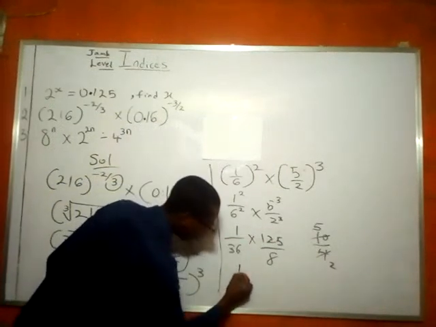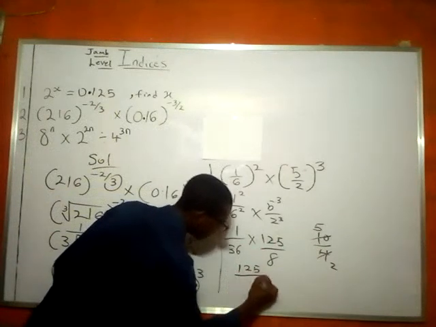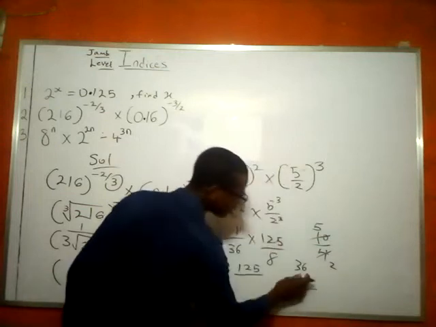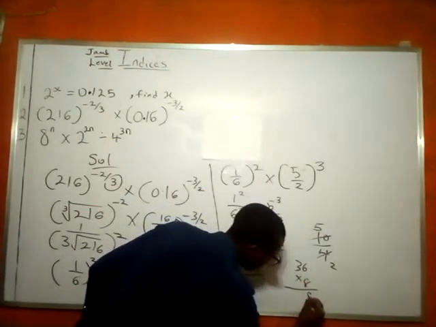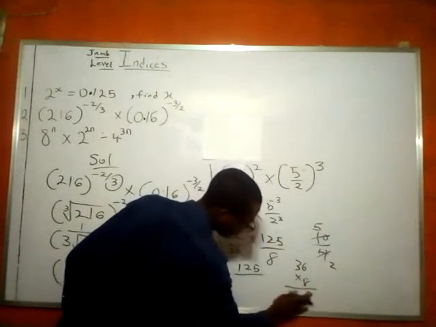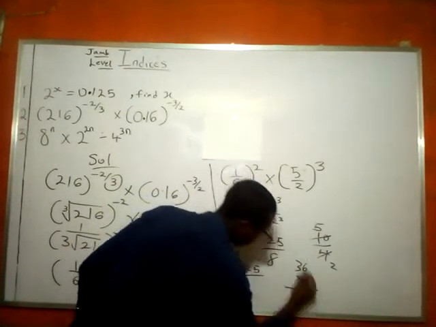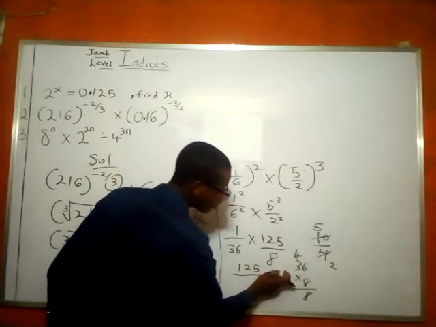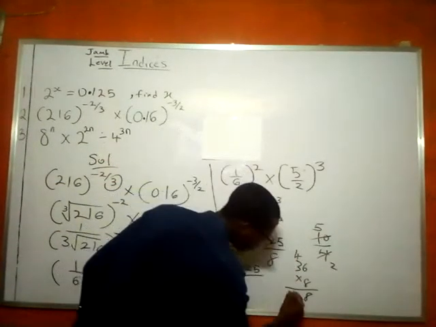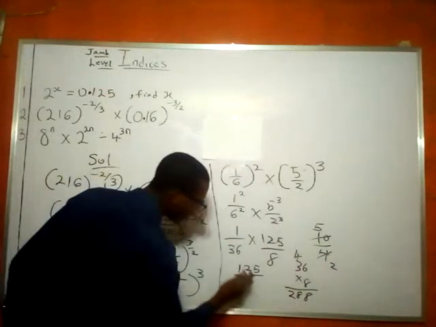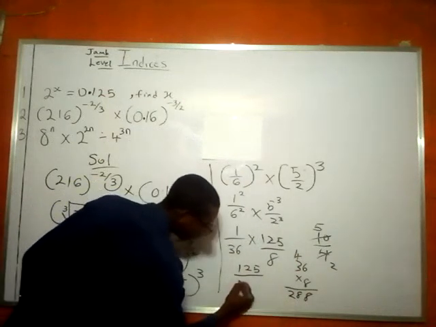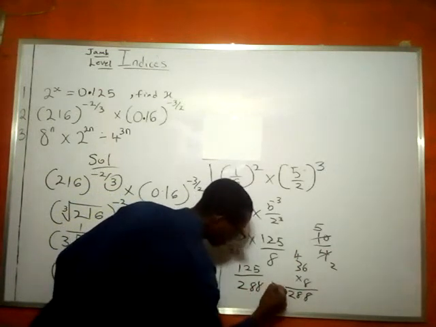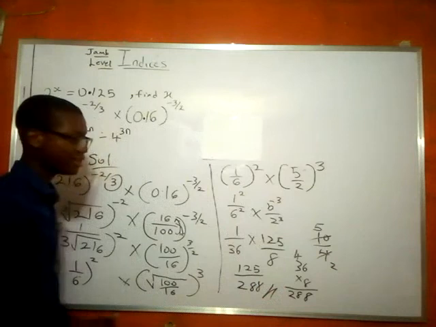We have 125 over 36 multiplied by 8. 8 multiplied by 36 will give us 288. That will be 125 all over 288. And that's your final answer.